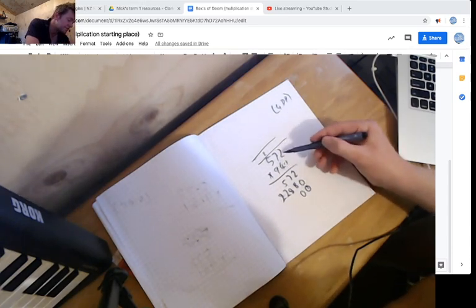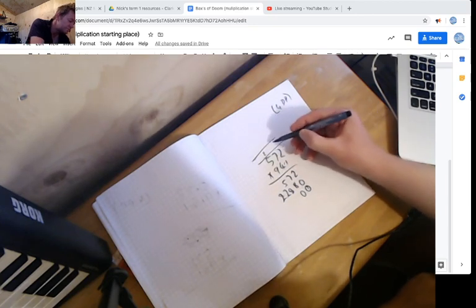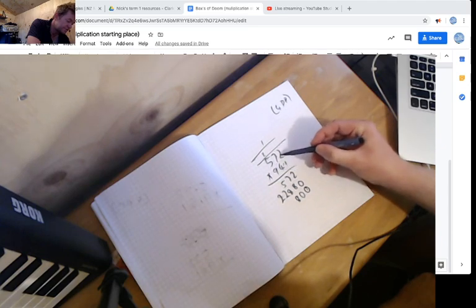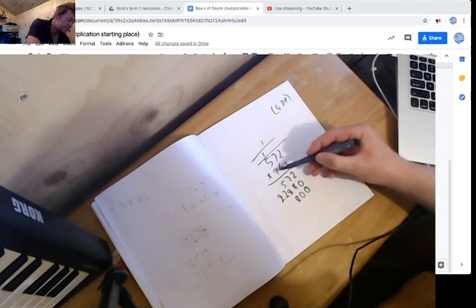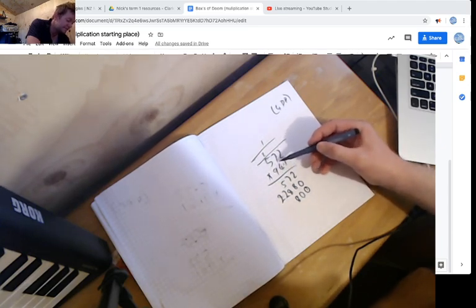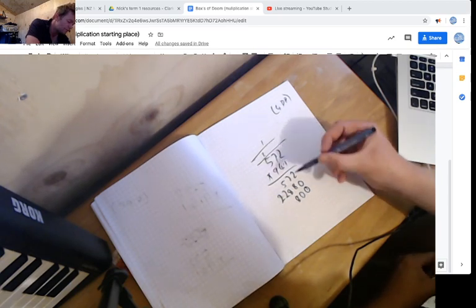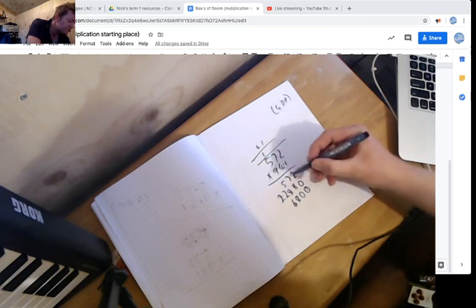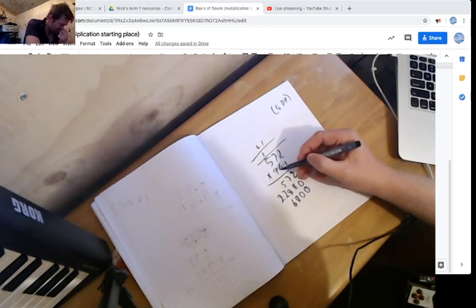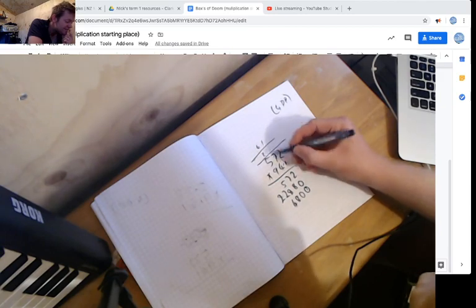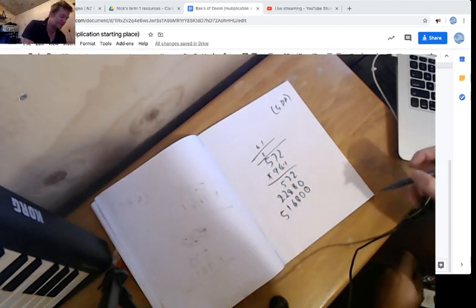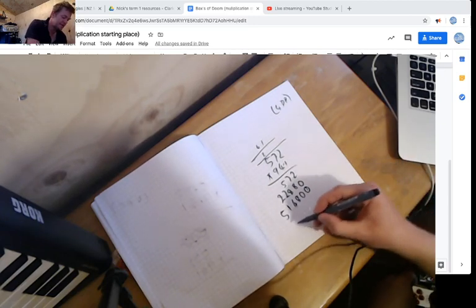Oh, 9 times 2 is 18. 1, 8. So 9 times 7. 7 nines are 63. Plus 1 is 64. And 9 times 5 is 45. 9 fives are 45 plus 6 is 51. This will be a good test for me. It's a lot of fun. So now I'm adding.